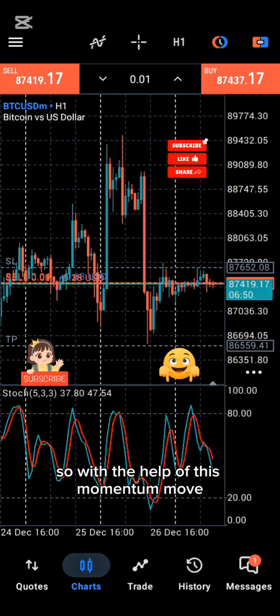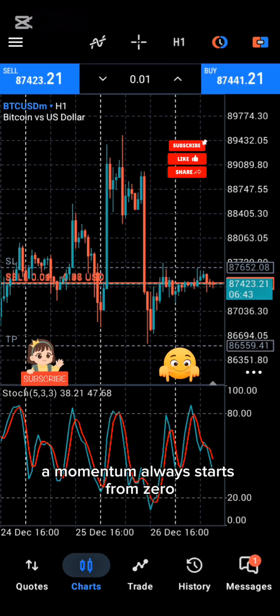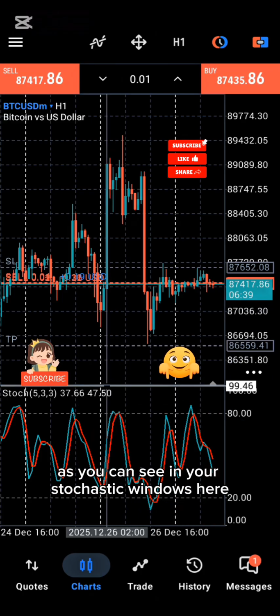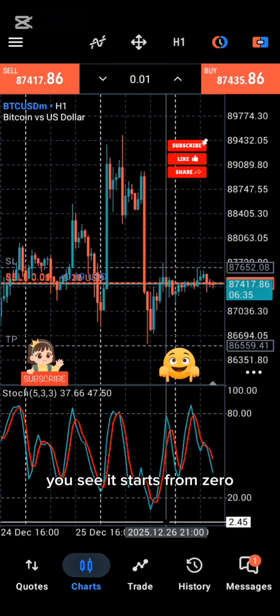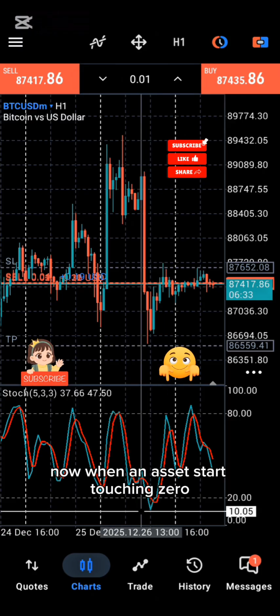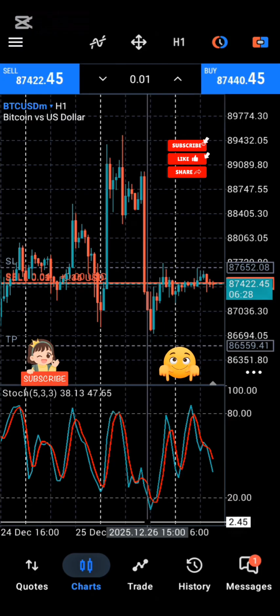So with the help of this momentum move, those of us that understand science will know that the momentum always starts from zero. So that's why, as you can see in your stochastic windows here, it starts from zero. Now when an asset starts touching zero, that's to tell you that there is no more room to sell.